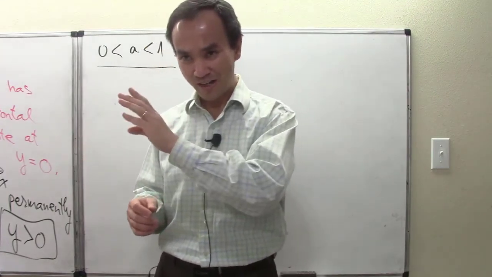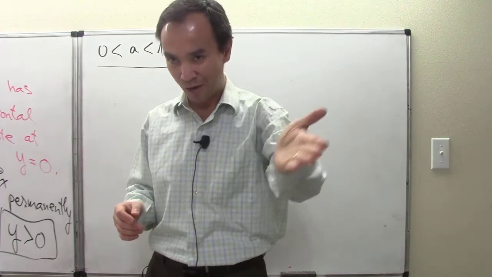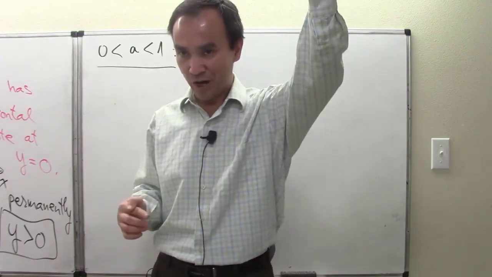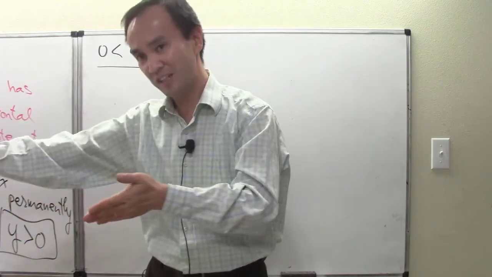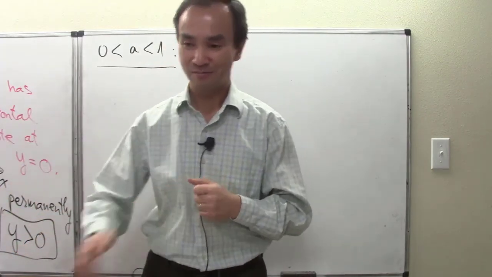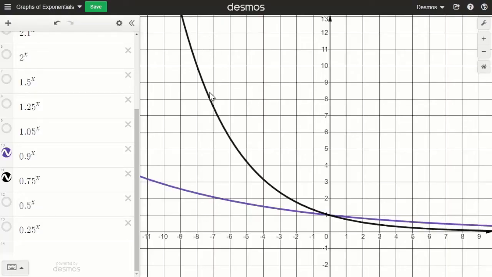It's going from high and dropping low. It drops rapidly and then keeps dropping lower as it gets to the right-hand side of the y-axis.